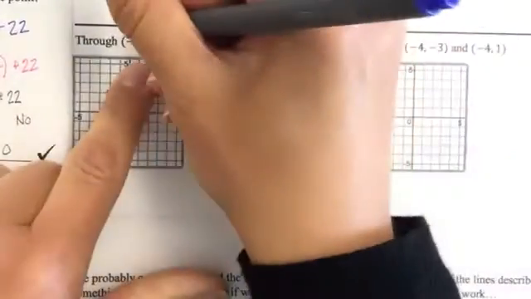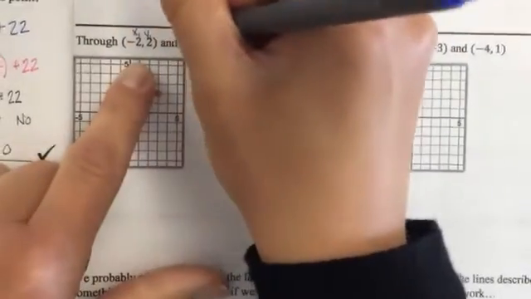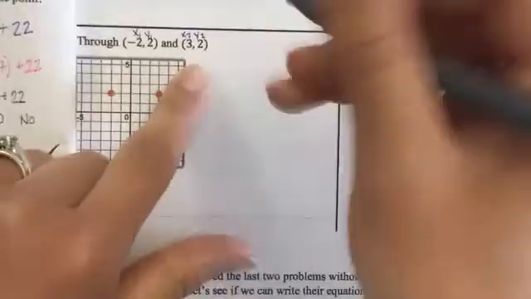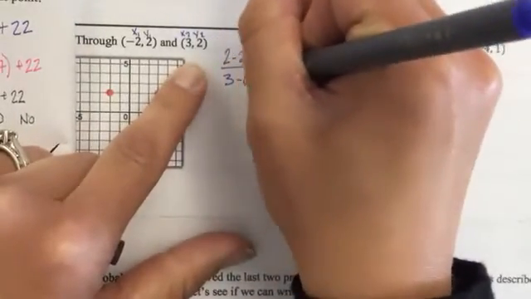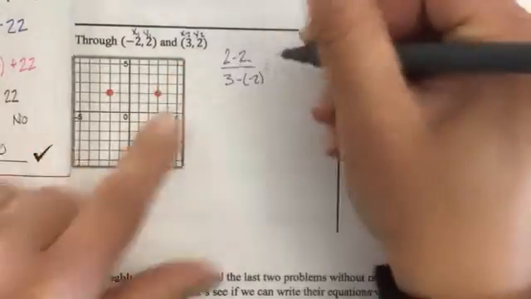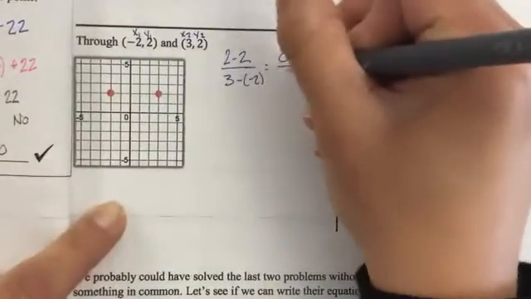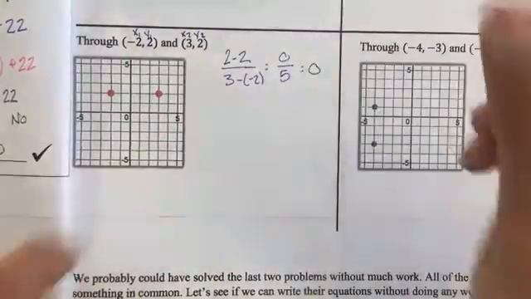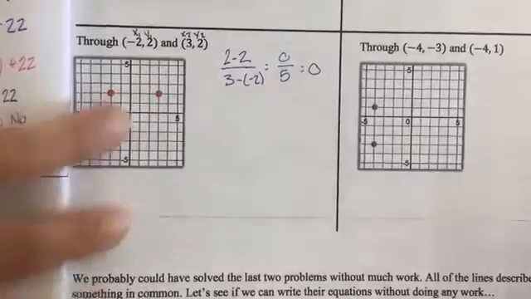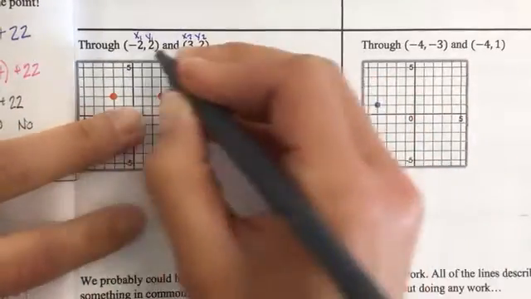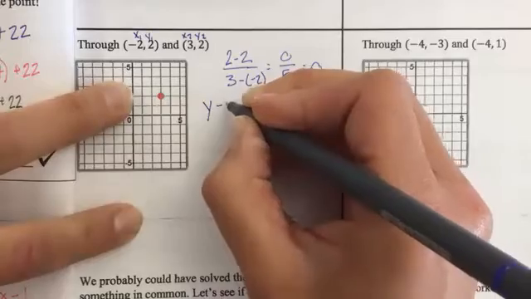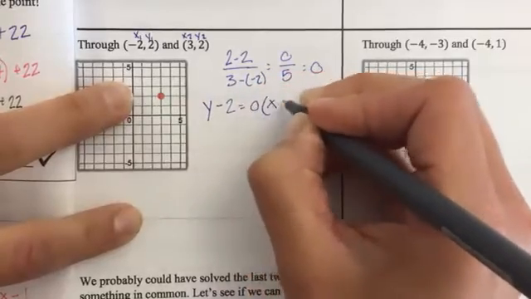You would have had your x1, y1, x2, y2. So 2 minus 2 over 3 minus a -2 for our slope. 2 minus 2 is 0 over 5 still equals 0. So anytime you have a 0 slope, what's going to happen is y minus 2 equals 0 times x plus 2.